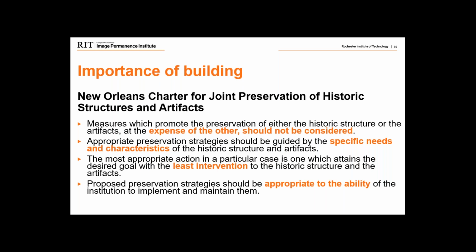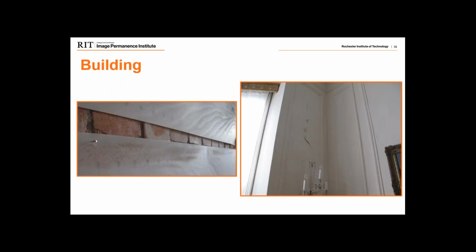So this is just going back to the standards, for example. The importance of the building was emphasized through the New Orleans Charter, which really talked about how the building itself is an object and has specific needs as well and should not be sacrificed to create a certain environment for the collections within them.